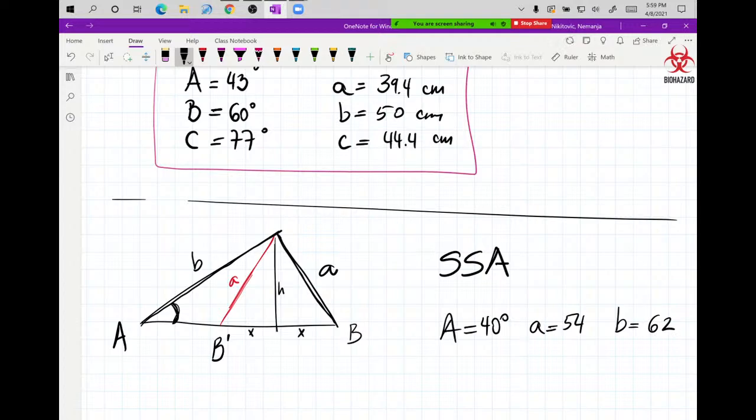So how do I know that this is one of those cases that has two solutions? I don't. I just know that it's a possibility, because I have two sides given and then an angle, right?